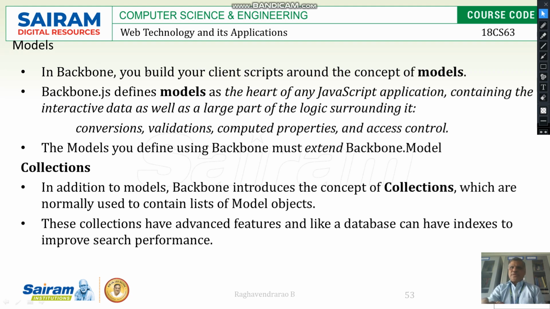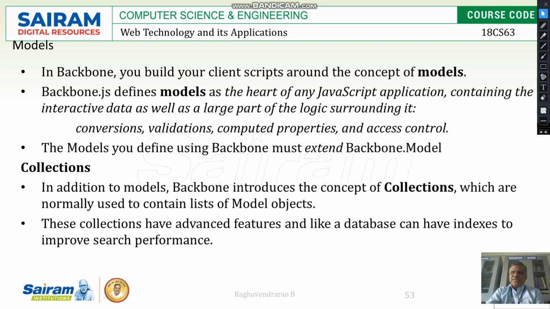Whenever backbone client applications are built, it is around the concept of models. Different models will be created, and the major heart of the JavaScript application is the models. They contain the interactive data as well as the large part of the logic. It means any application that we develop, models are going to be present.